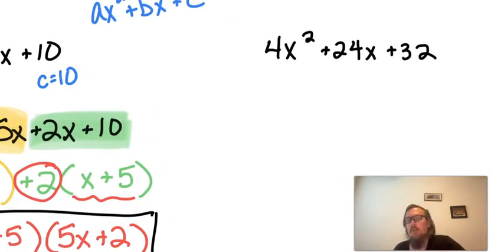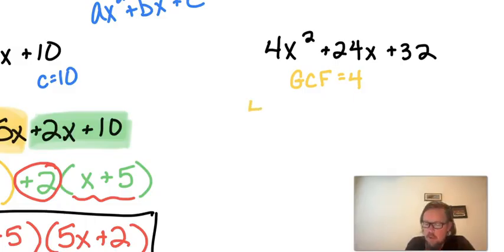Again, just like with all problems, when we factor, we start off by searching for a greatest common factor. Is there a greatest common factor in this problem? Yes. 4, 24, and 32, they do have a greatest common factor. 4, 24, and 32 can all be divided by 4.